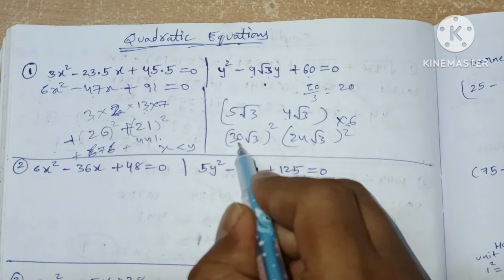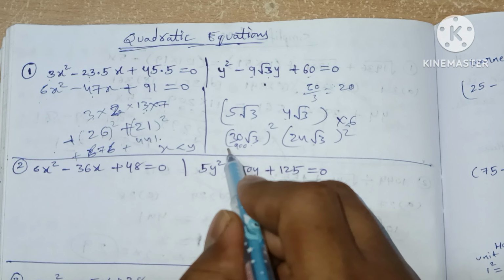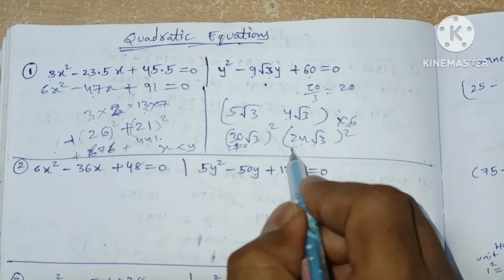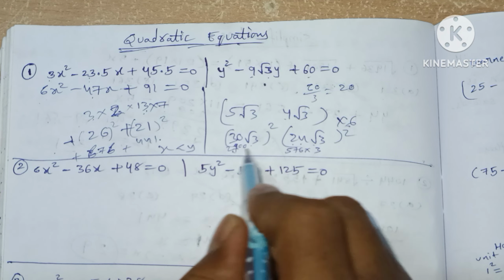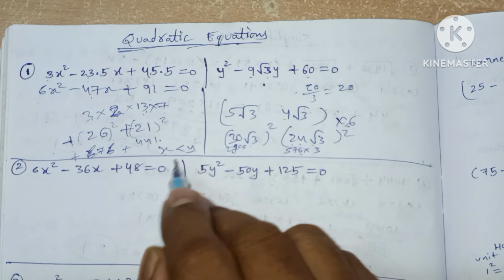Here it is 900 3 times, 2700. Here it is 24 square, which is 576 into 3. These numbers are greater than these numbers, so x is lesser than y.